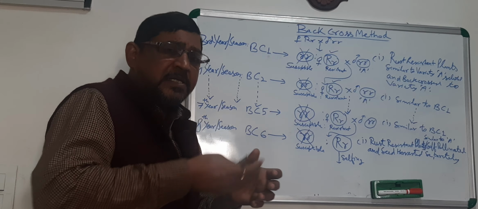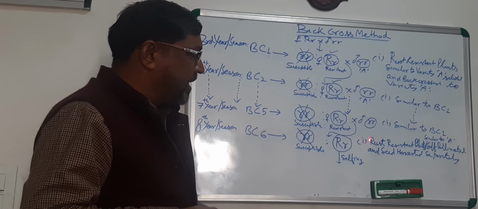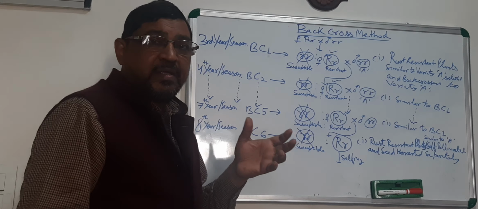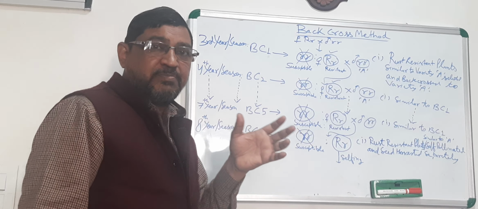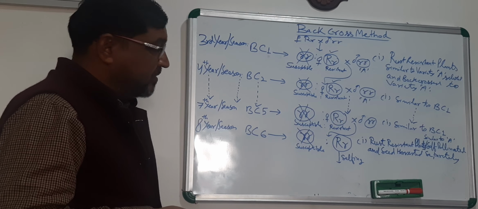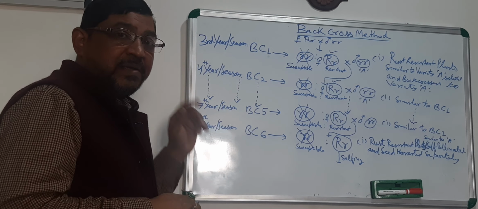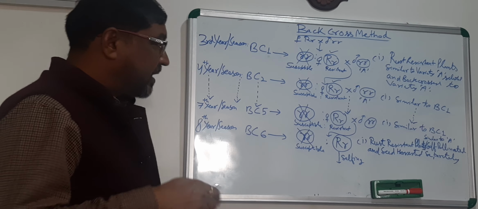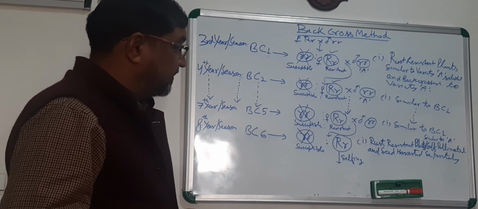So you are repeating backcrossing. Why are you doing this? To achieve maximum genes of variety A, which is the recipient variety. So you are recovering most of the genes, as you have seen already in my example earlier in part 1.